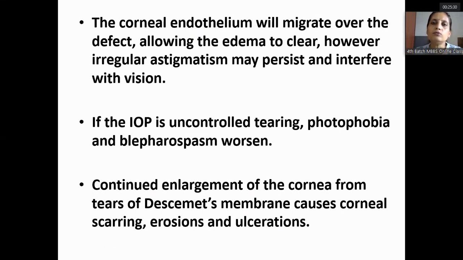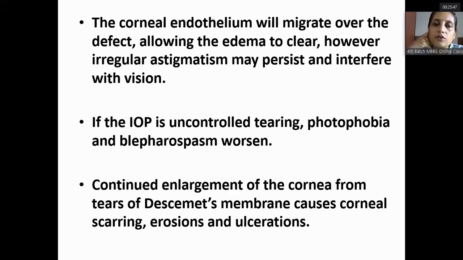The corneal endothelium will migrate over the defect, allowing the edema to clear. However, irregular astigmatism may persist and interfere with the vision. So because of the increased edema, though it clears, it will cause an irregular astigmatism.